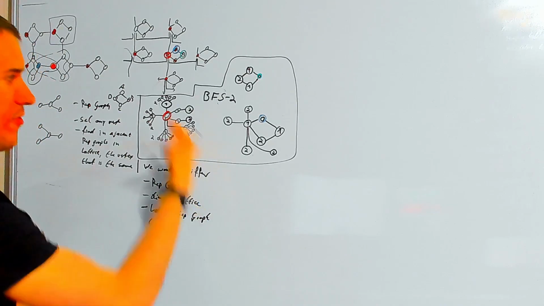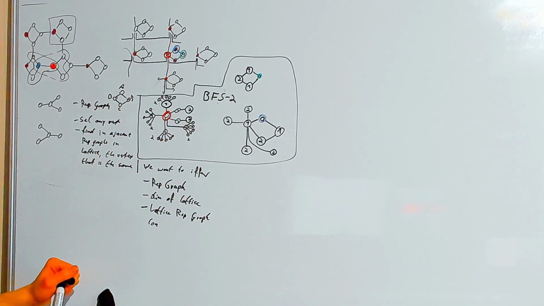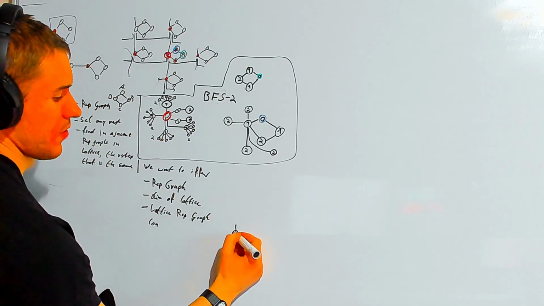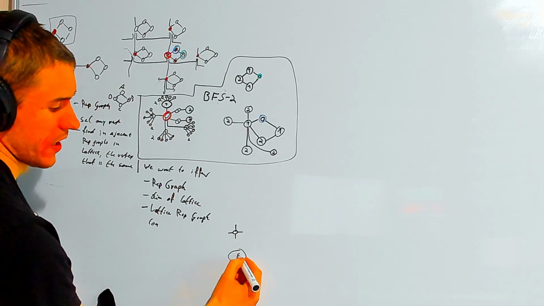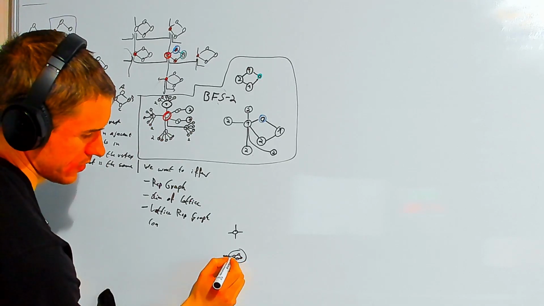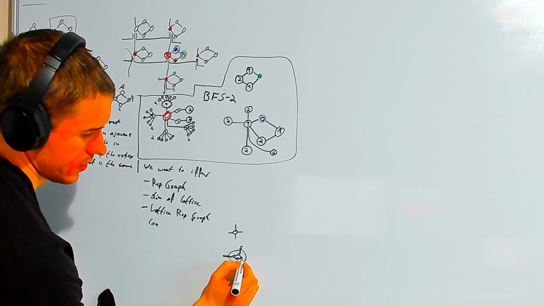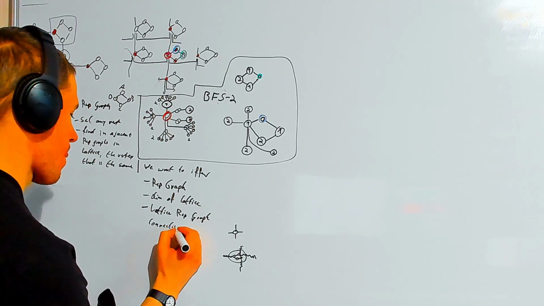A 2D lattice has 4 incoming edges, and I want to say, okay, for the replacement graph, how do these edges connect? For example, I could say that this edge goes over here, this edge goes over here, and this edge goes over here, something like that. Yeah. I need that also.